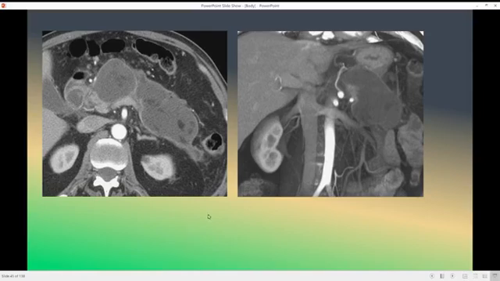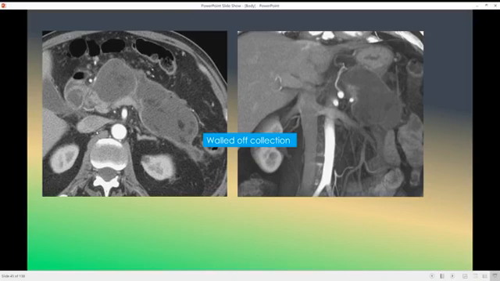Okay, this is a case of necrotizing pancreatitis with walled-off collection. This is a case of pancreatitis, necrotizing pancreatitis with walled-off collection.